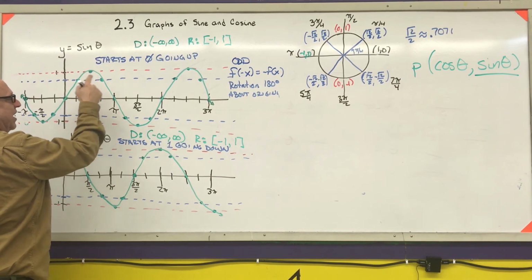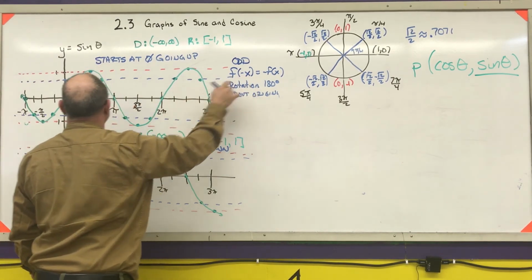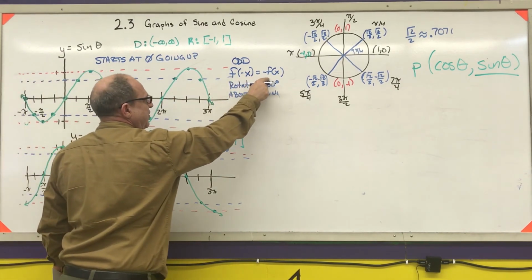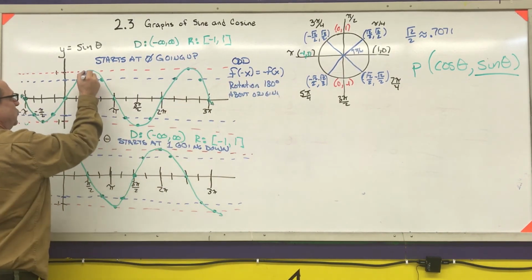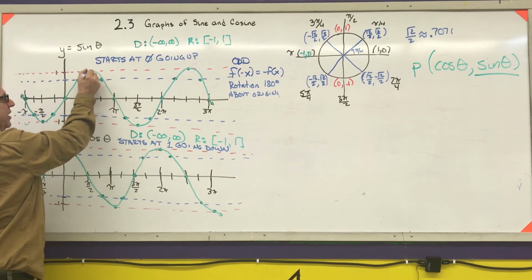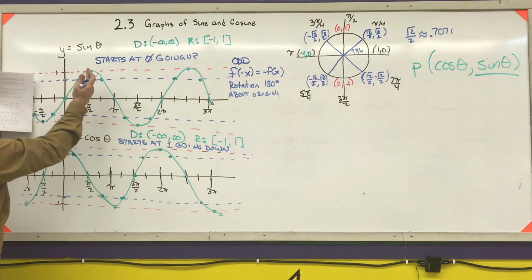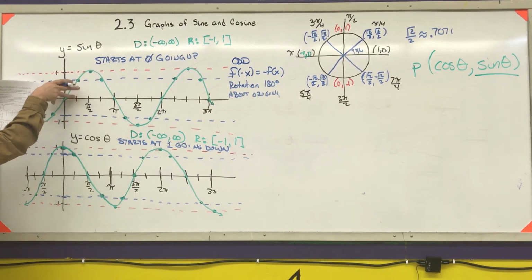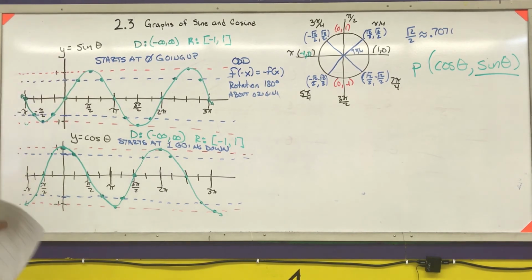What this is saying is f of negative pi halves, which is negative 1, is the same thing as negative f of x, which is 1, and put a negative in front of it, which would be negative 1. So if I were just to focus on this part of the graph, you can definitely see that it's a rotation of 180 degrees about the origin.